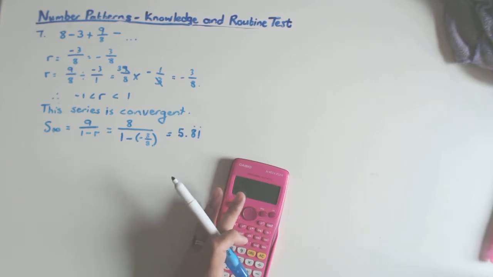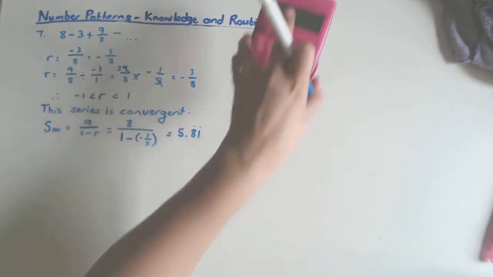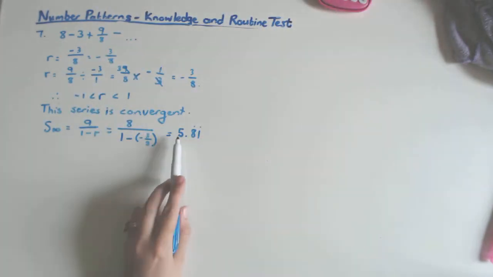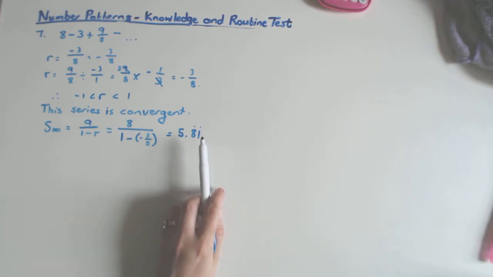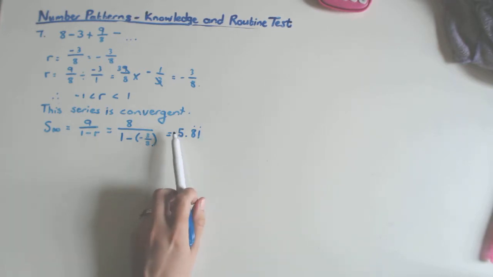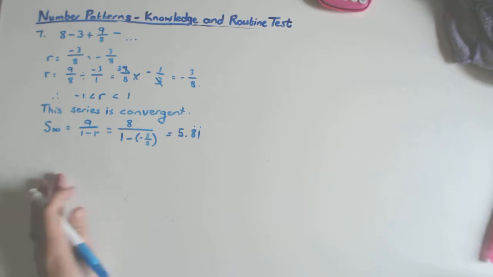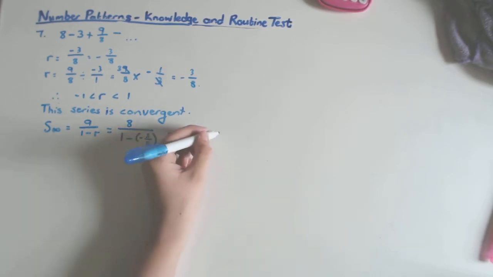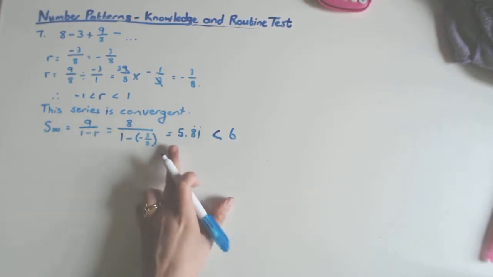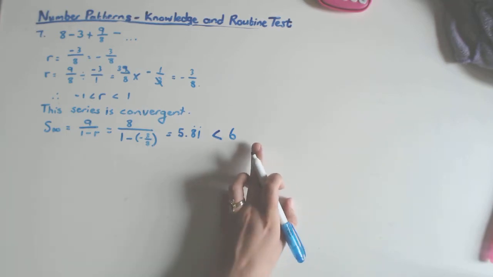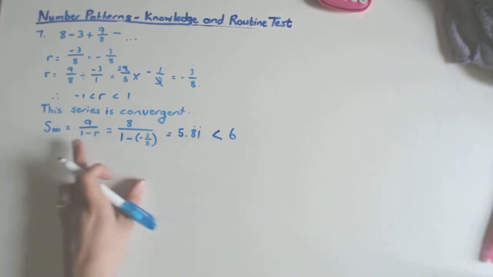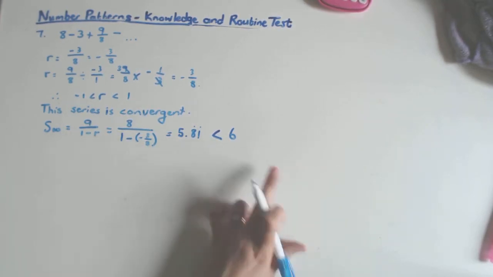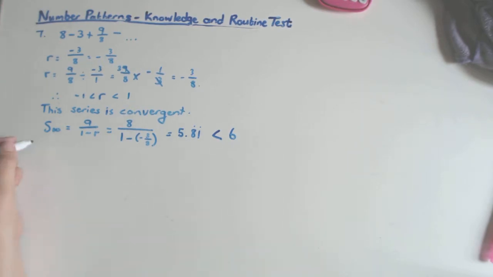But repeated. I know the word very well, but it just escaped my mind at the moment. Recurring. 5.81 recurring. Okay, so this is definitely smaller. 5.818181 is definitely smaller than 6. So I've showed that the sum to infinity is smaller than 6.